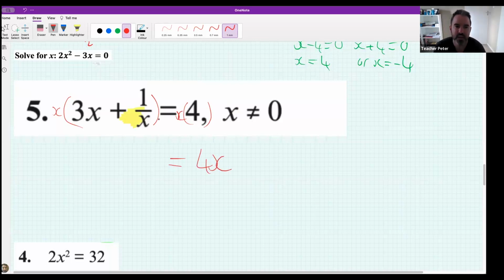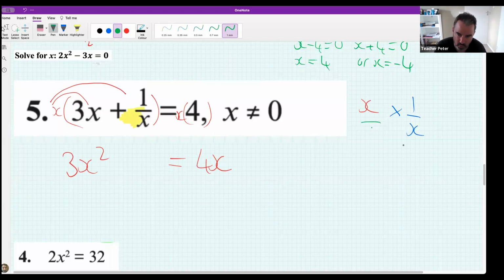Not difficult. This side, you get x times 3x. Not difficult. And then what is x times 1 over x? So if you have x and you multiply it by 1 over x, what are you going to end up with? I'll give you a hint. You can put a 1 there. It's 1, exactly. It's just 1.